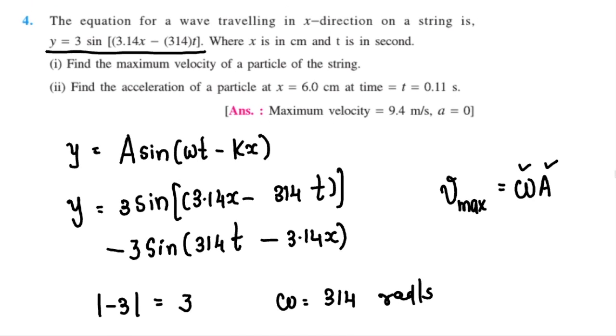Acceleration, for that let us see that given you both the values of x and t, that is x is equal to 6 centimeter and t is equal to 0.11 second.